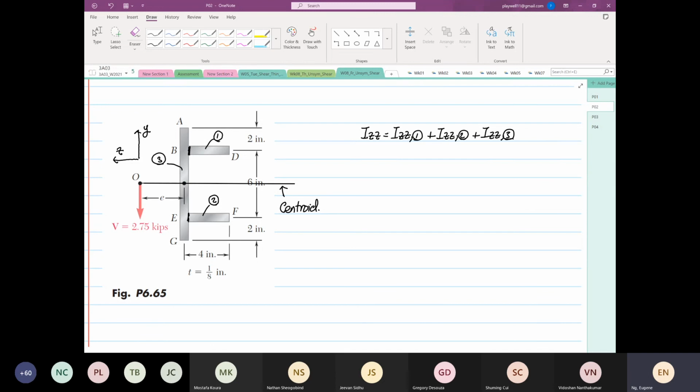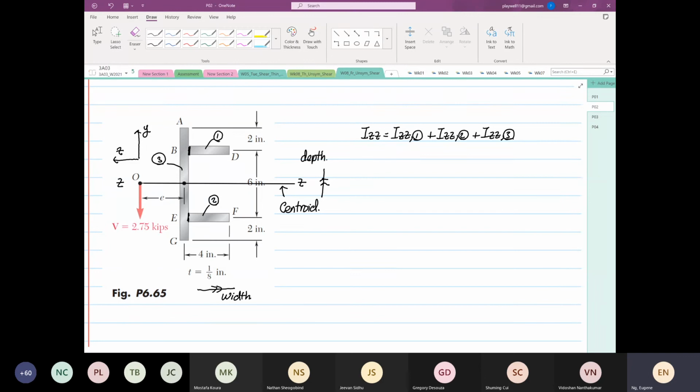What we want to find is ZZ. By now you guys will be very familiar. If we're going to find ZZ, this will be our width, and this direction will be our depth. The perpendicular geometry will always be the depth. Again, the axis of interest is the ZZ axis, to find the second moment of area.